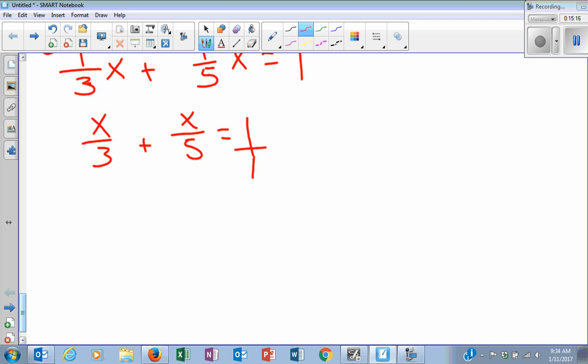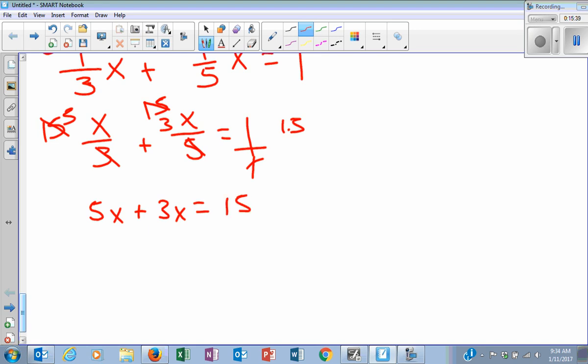So my least common denominator is 15, so I multiply everything by 15, and that will cancel out my denominators. This becomes a 5 left over, this becomes a 3 left over, that becomes a 15 left over because there's a 1, so I get 5x plus 3x, and that's going to equal 15, and so you get 8x equals 15.